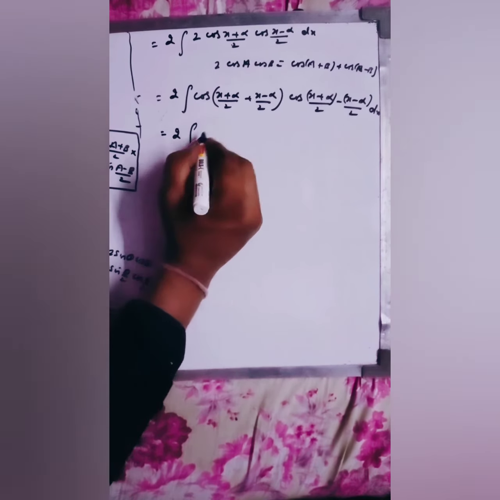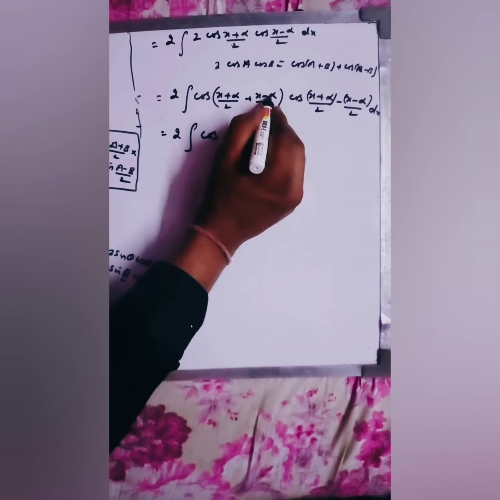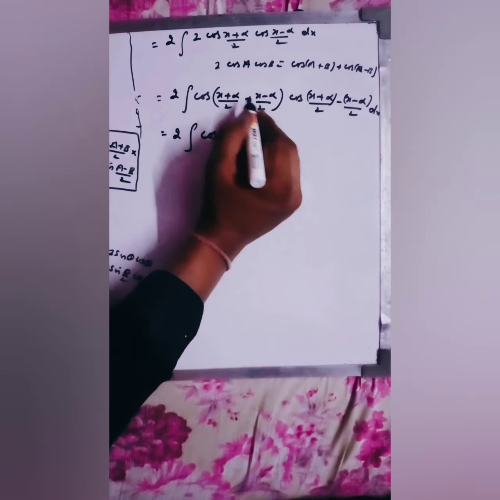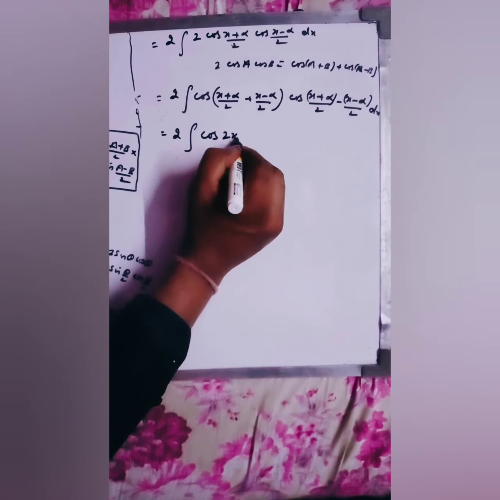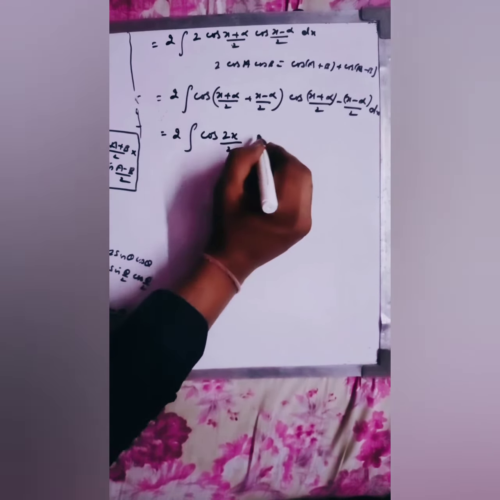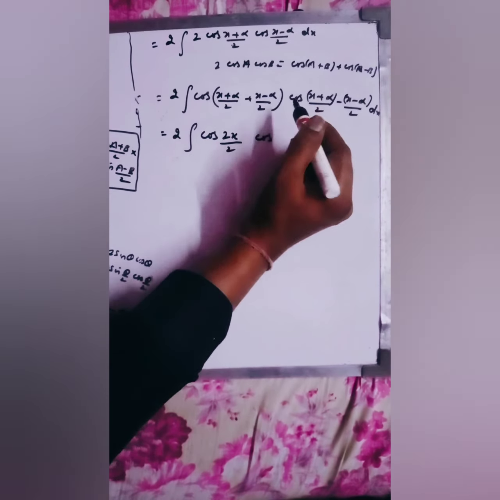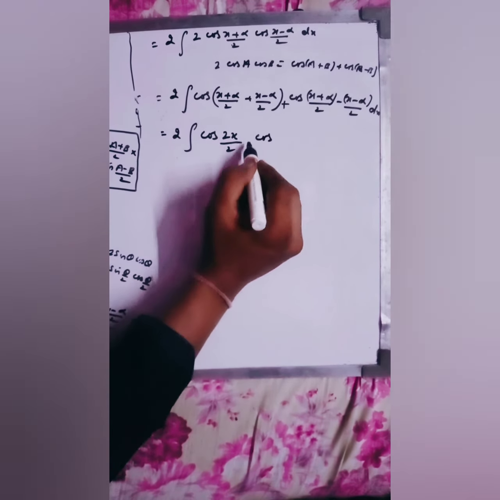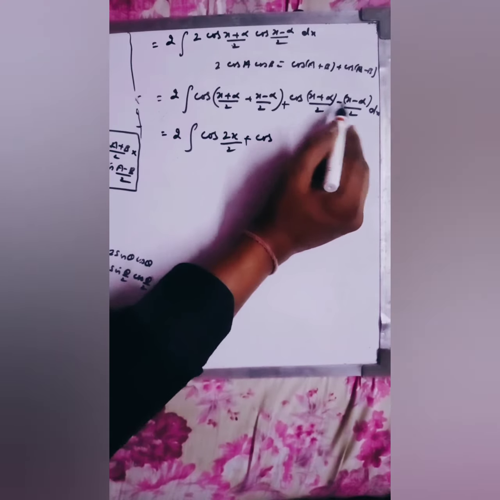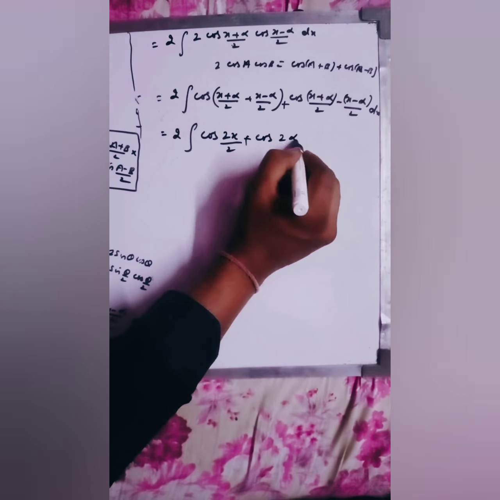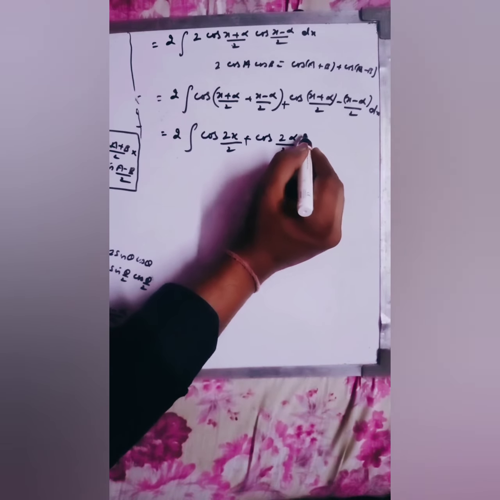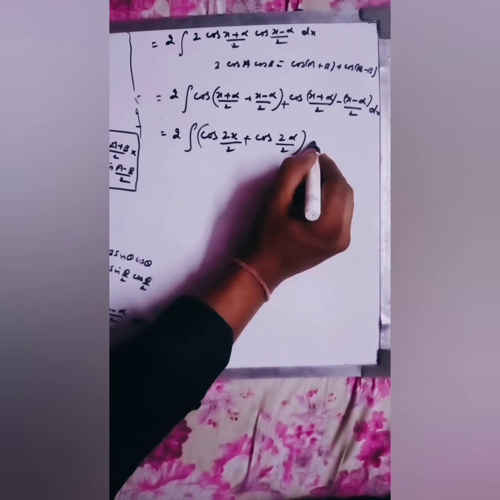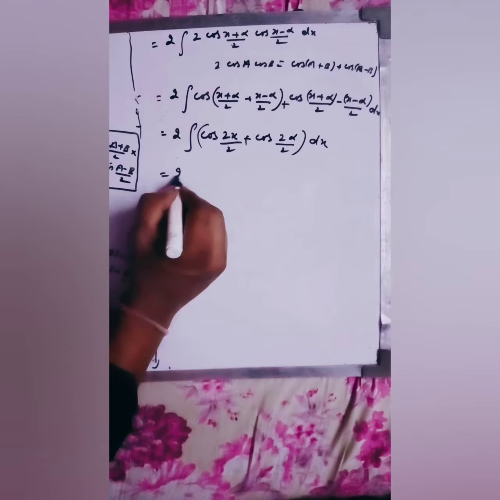Now just simplify it. Here you will get cos, when you add, your alpha will cancel out and you will get 2x upon 2. And similarly here, this is a plus sign, when you solve it you will get 2 alpha by 2 into dx.